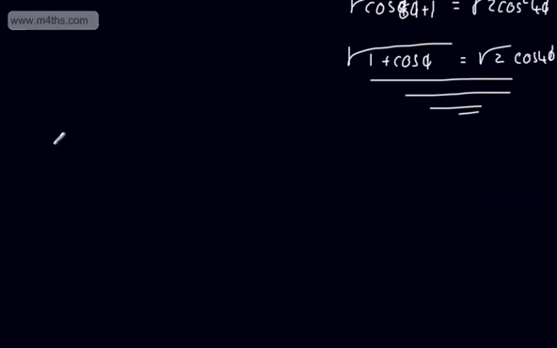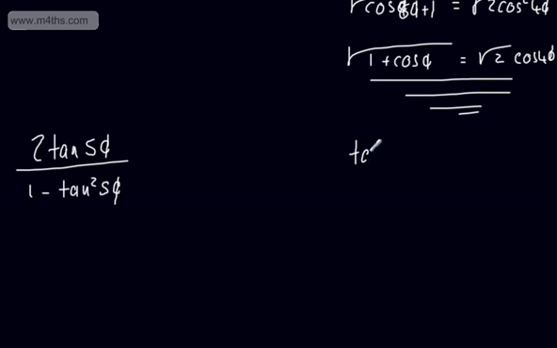Let's go for, let's write this one out, 2 tan of 5 theta over now 1 minus tan squared of 5 theta. So quite clearly this is something to do with tan. We know now that the tan of 2a can be written as 2 tan a over now 1 minus tan squared a.